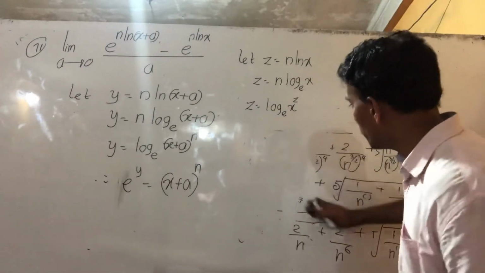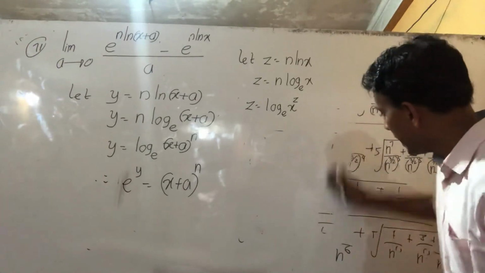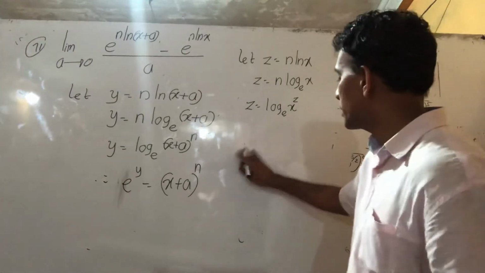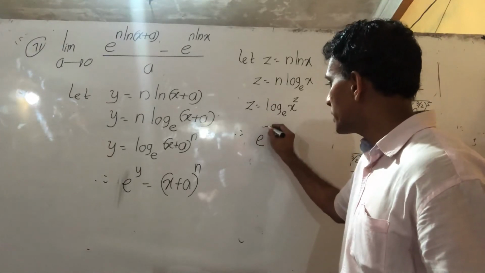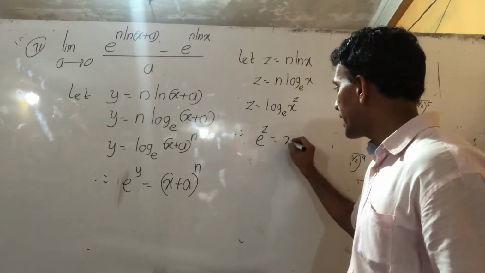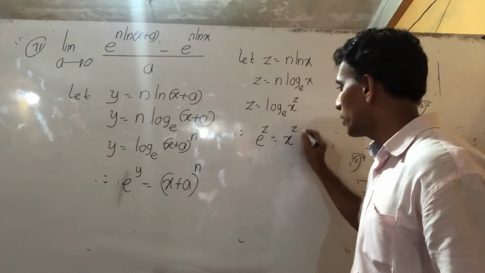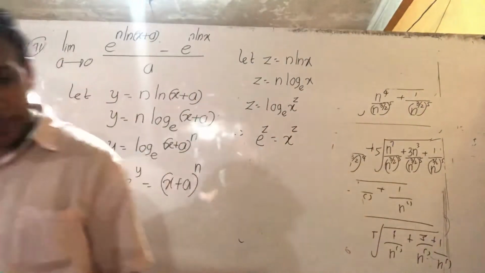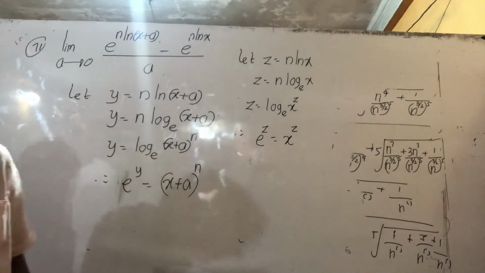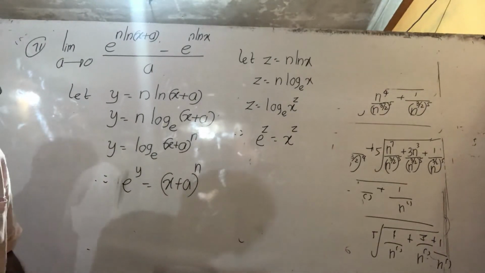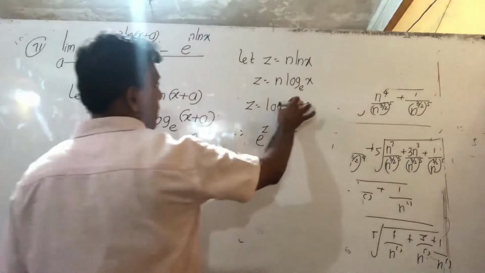This is the logarithm form. Convert to indices form. How? Therefore, e to the power z equals x to the power n. Is it okay? Check, will you? e to the power z equals x to the power n, that is the form, right? I missed the n here, n.